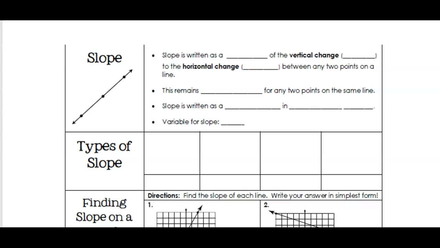Whenever we write slope, slope is written as a ratio of the vertical change, which you would know as the rise, compared to the horizontal change, which you would know as the run. And that's between any 2 points on a line. This remains constant, so it's the same for any 2 points on the same line.